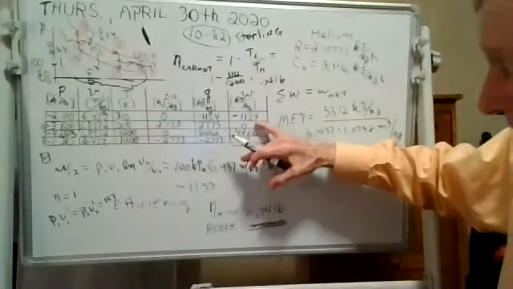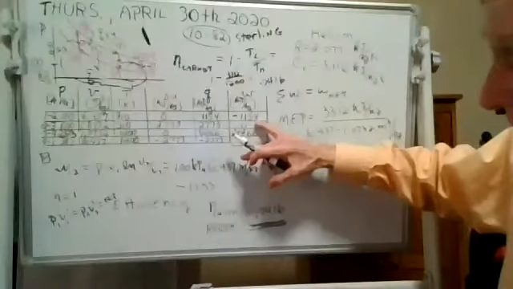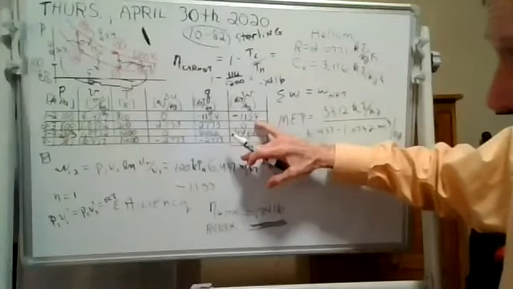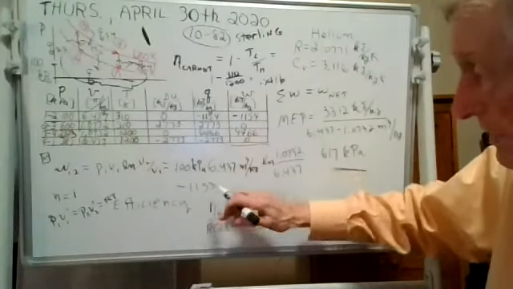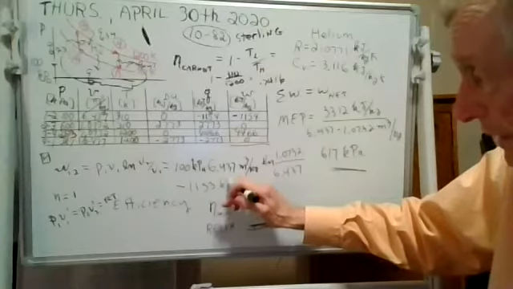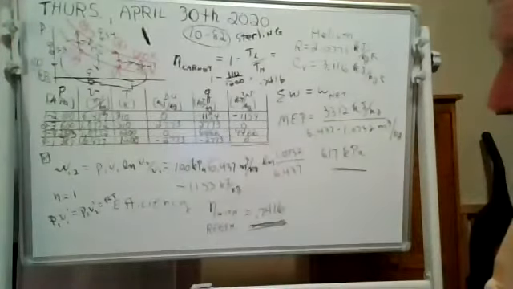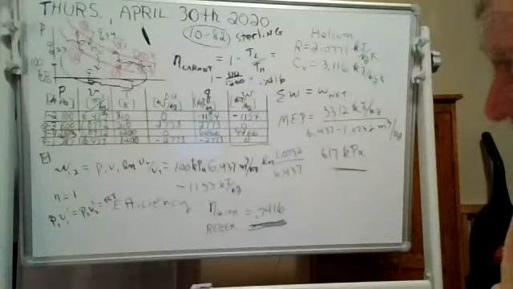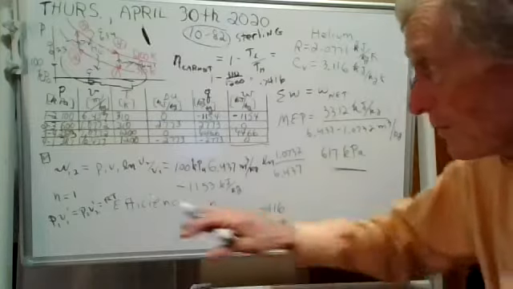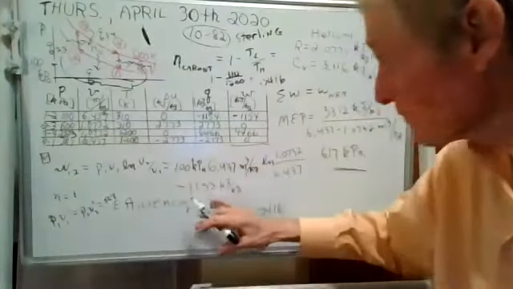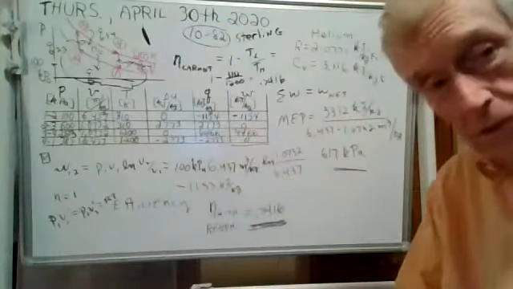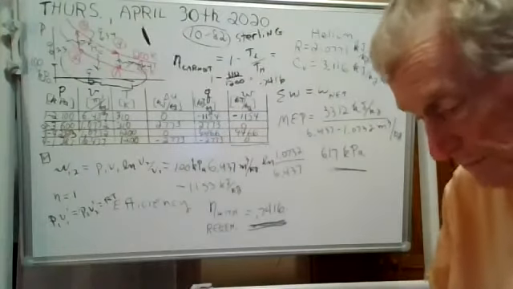I got negative 1154 here. I think we're okay. I must have rounded something off, but I'm pretty happy with that. Let's don't fight over it. I guess we rounded something off someplace, but we checked our work. We got 1153. That's 1154. I'm pretty happy with it.